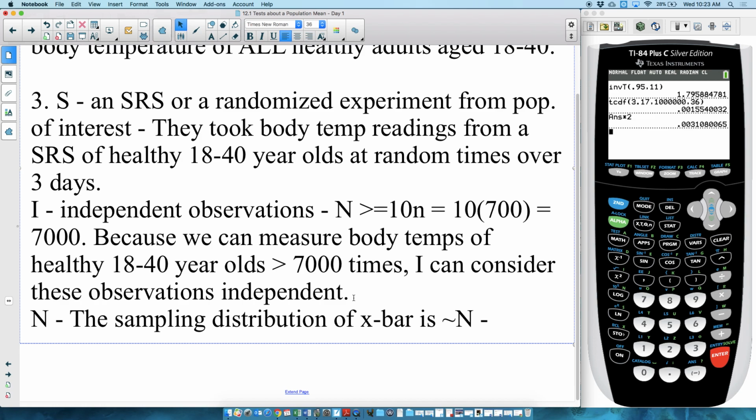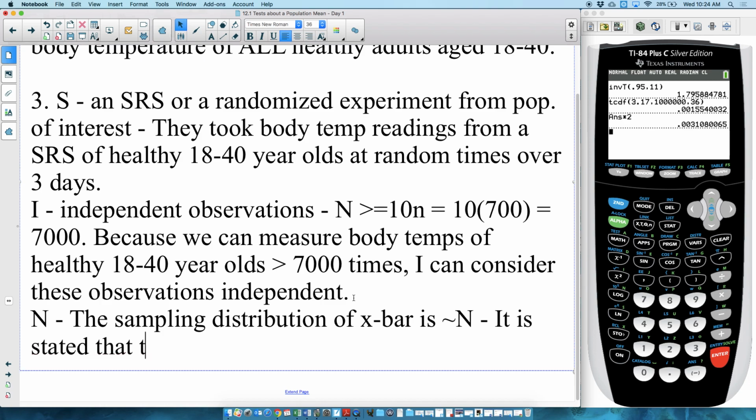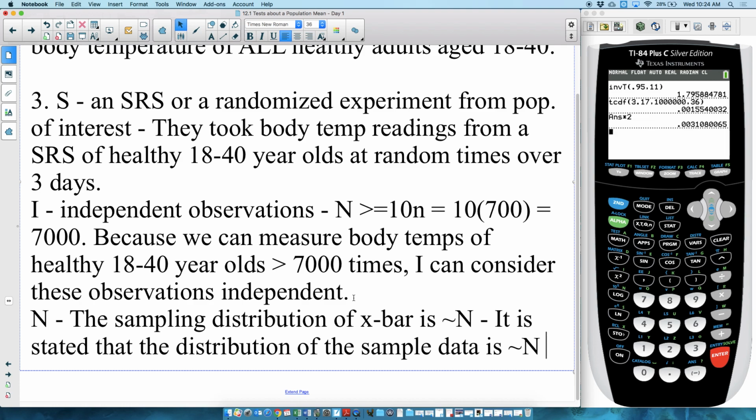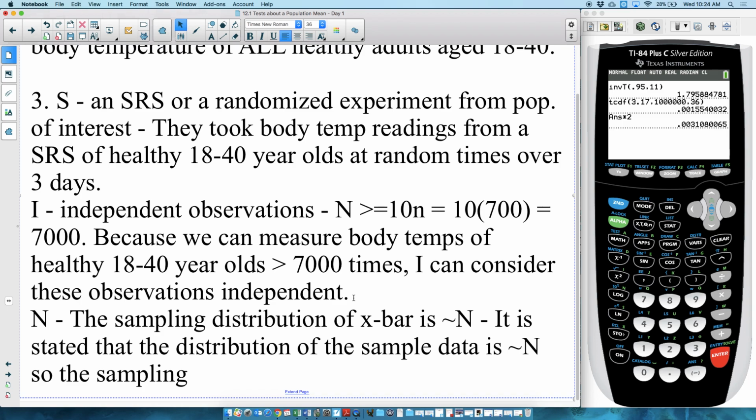Either one. So we could say, it really doesn't matter. I'm going to put both of them in here. So I could say it is stated that the distribution of the sample data is approximately normal. So the sampling distribution will also be approximately normal.